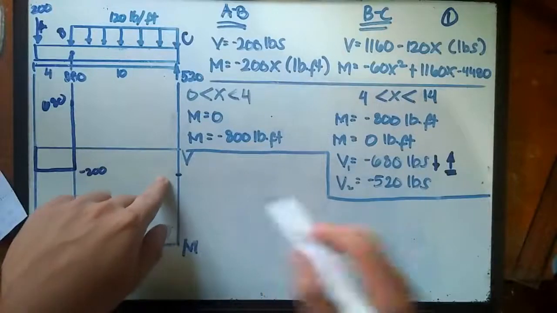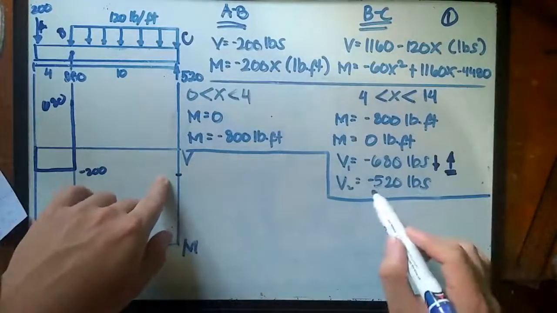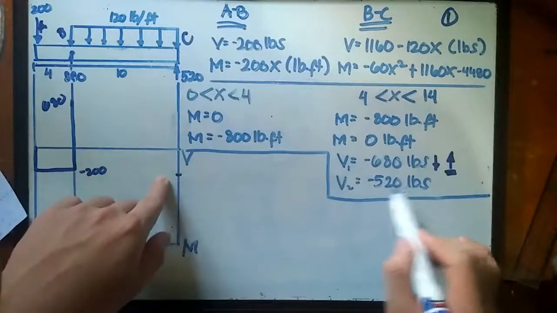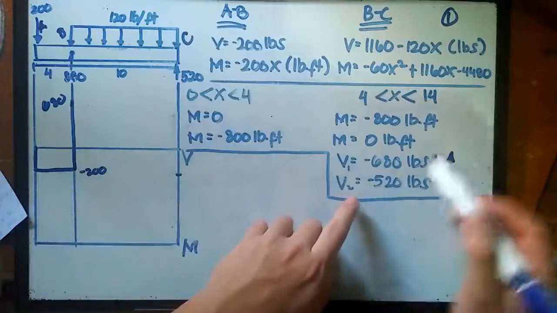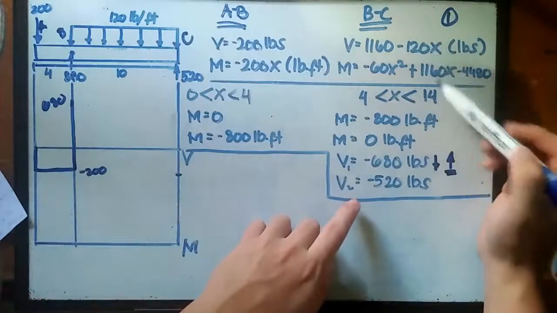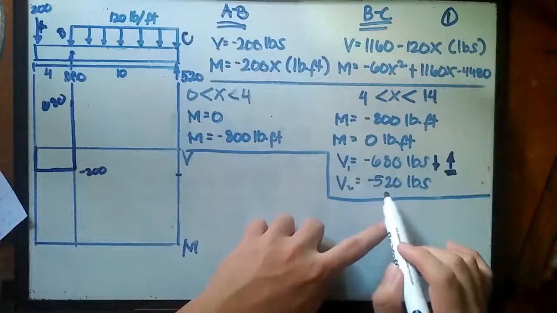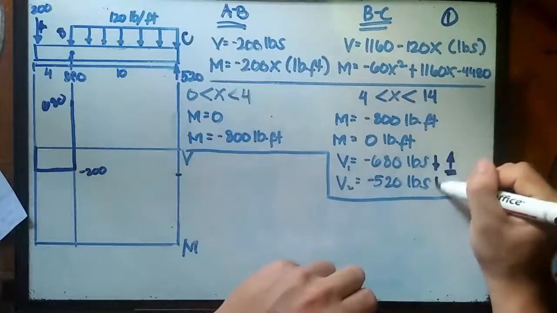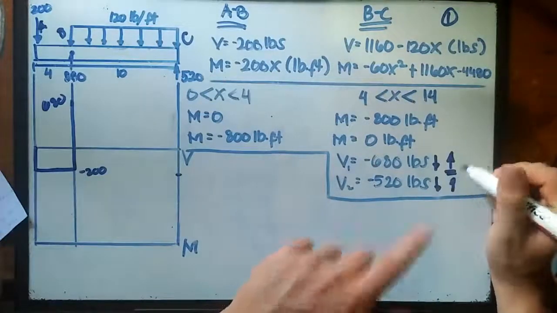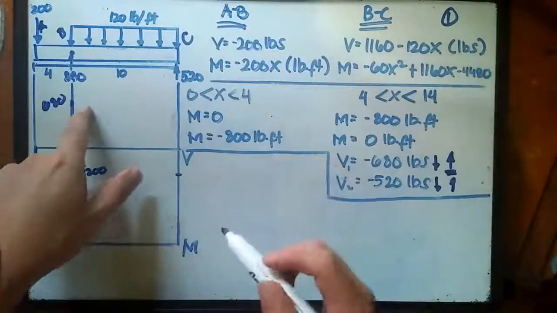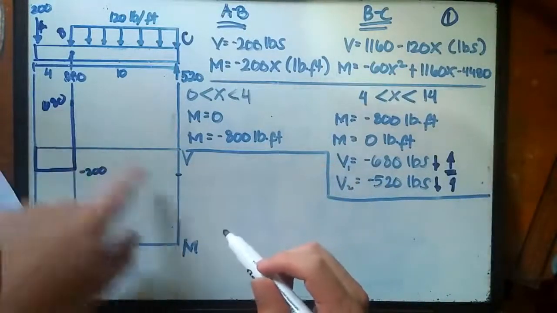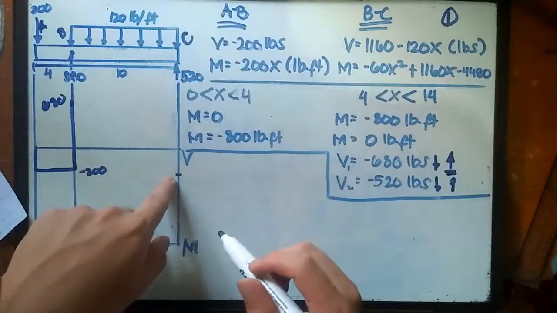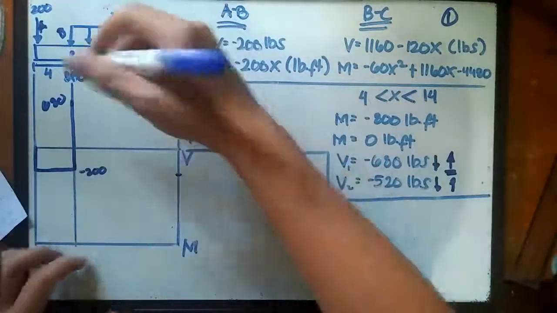If we replace x here by 14, it becomes negative 520. Initially that was going down, but if we change the sign, it goes up and becomes positive. So let's go down from 680 all the way to negative 520.